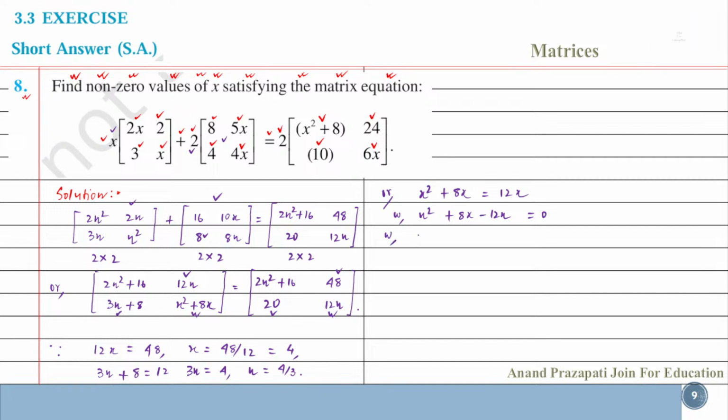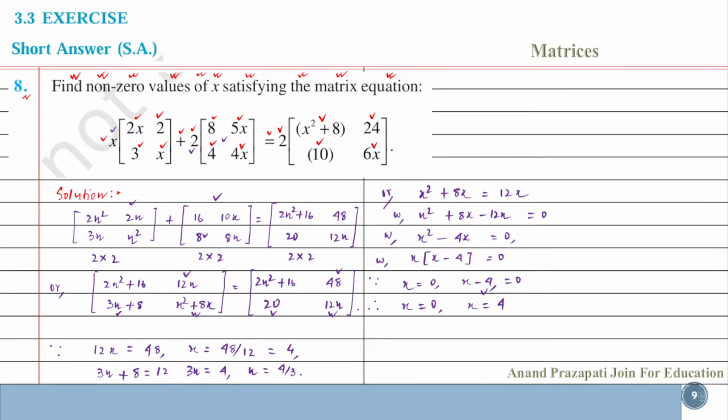So the next step will be x square minus 4x equal to 0. Now we take x common, then we get x into x minus 4 equal to 0. Therefore x equal to 0 and x minus 4 equal to 0. Therefore x equal to 0 or x equal to 4 from this one.